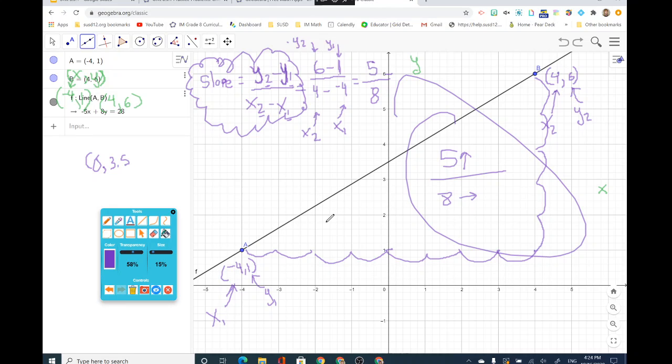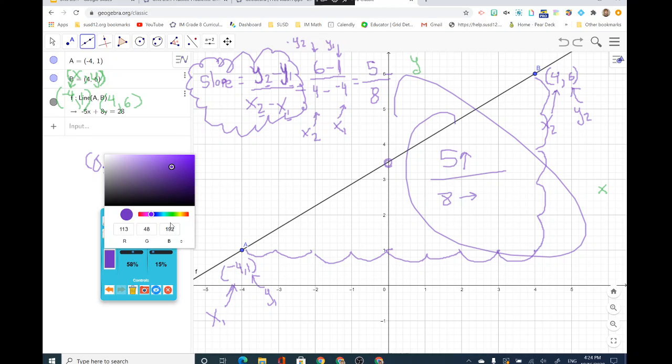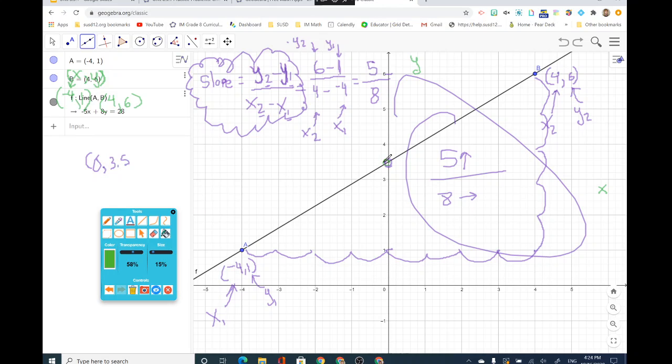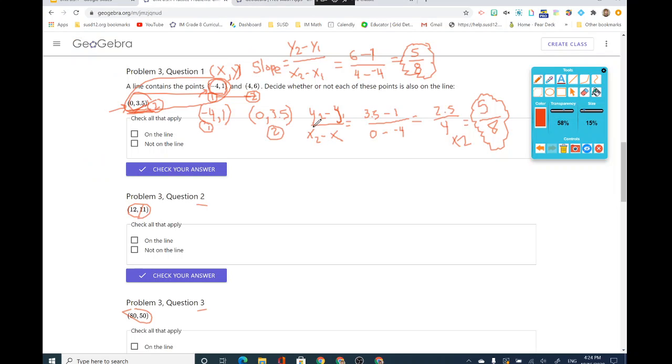We found it has the same slope. So x equals 0, y equals 3.5. Ding, ding! There it is. I'll change that color so it stands out. Okay, so that was question number 1 here. Yes, it is on the line. You don't need to graph it to answer that. You need to calculate the slope.